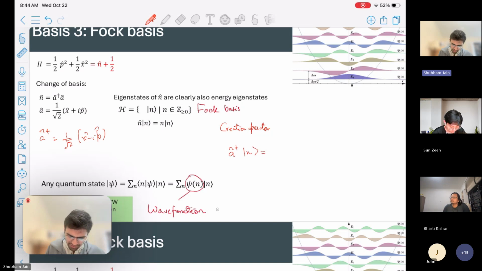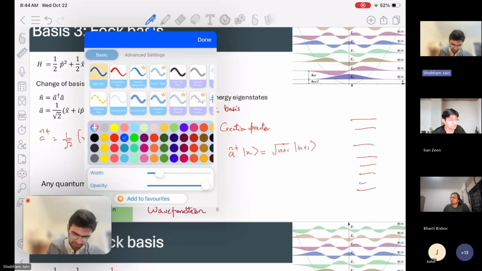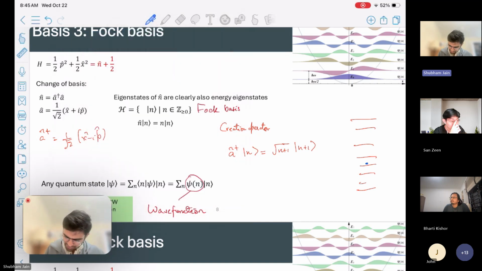This just brings you up in this ladder. So this gives you some coefficient plus a state which is labeled n plus 1. So if you start out at some n here, the action of a dagger just brings you up one level. Maybe this is n equals 3, then this is n equals 4. So quite simple.